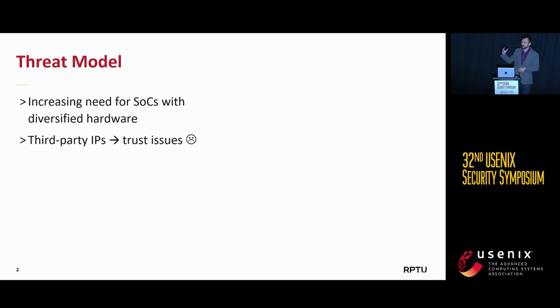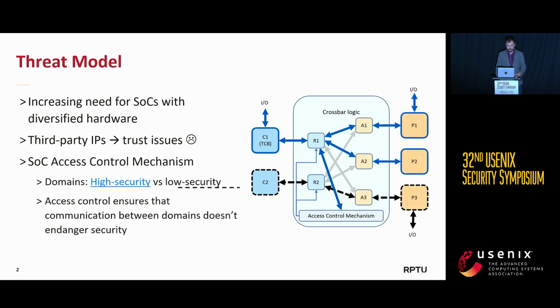So not only do you have to worry about trusted and untrusted software running on your system, but you might have to worry about parts of your chip being less trusted than other parts. And this is the main idea of our threat model. On the right, you have a basic SoC model. You have your controllers on the left, peripherals on the right, and an interconnect in between through which they communicate.